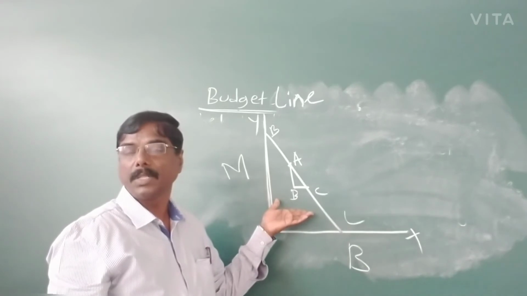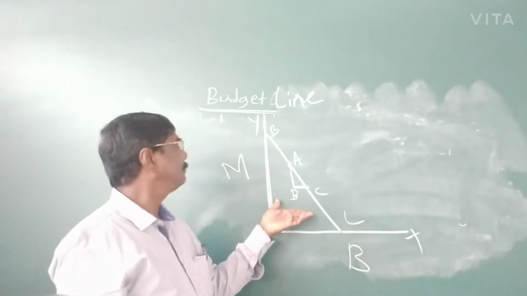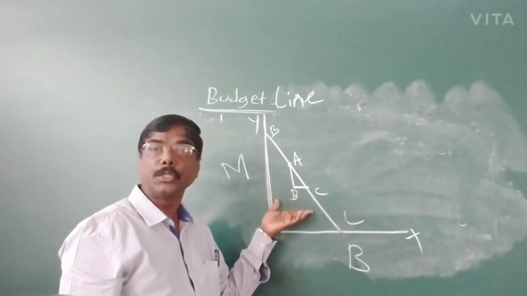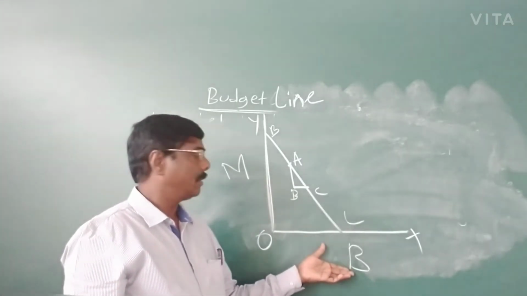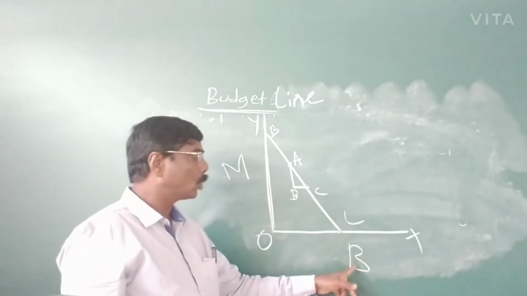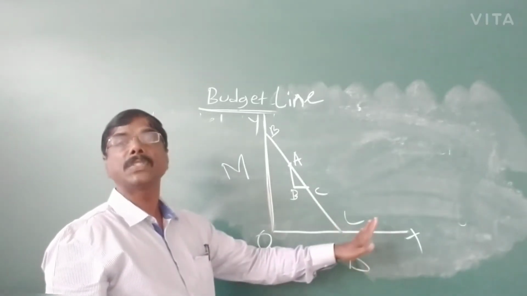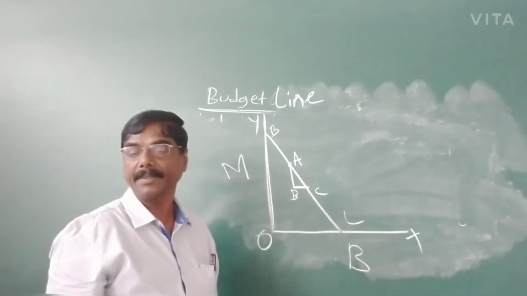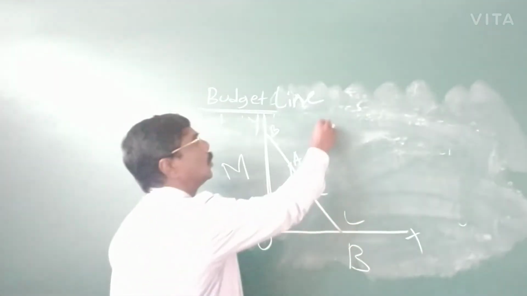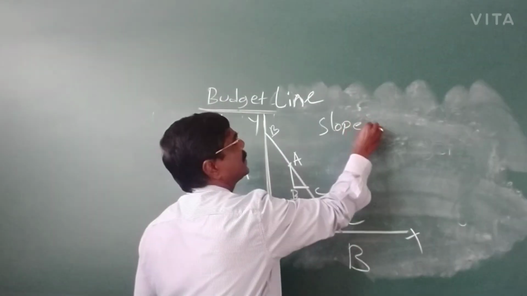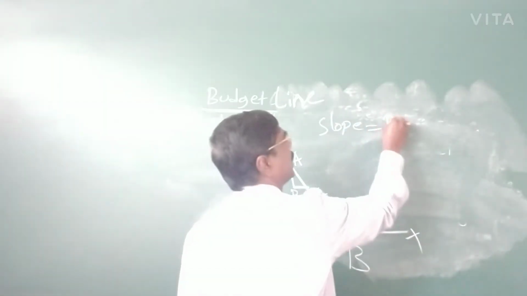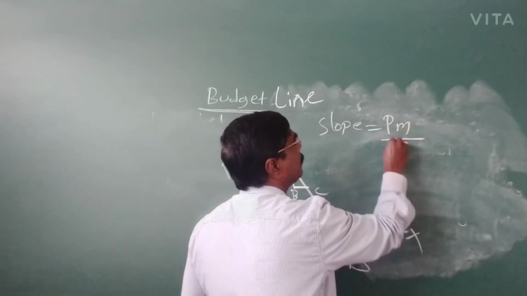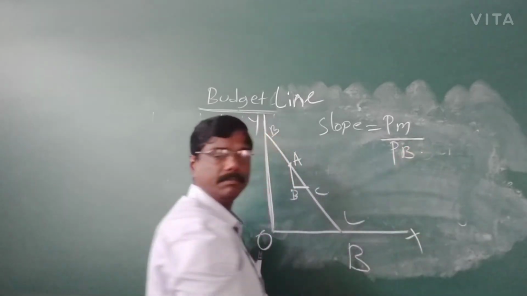Here, how much quantity of mangoes is he ready to sacrifice to gain more quantity of banana is known as the slope of the budget line. So slope is equal to PM, price of mango, divided by price of banana.